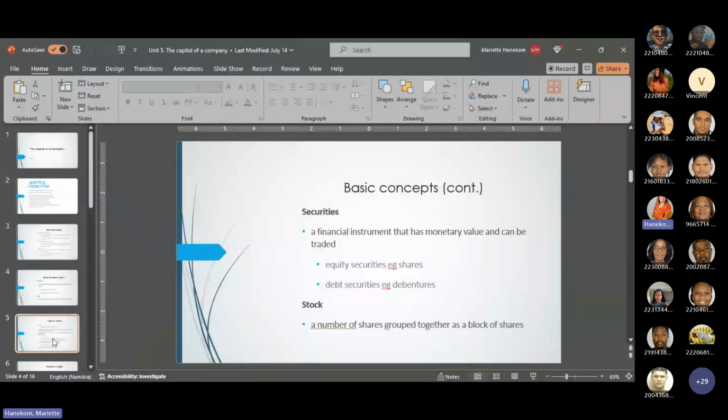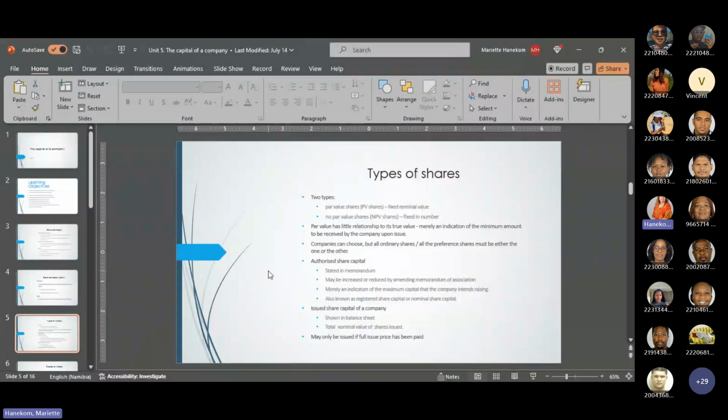So, types of shares. First of all, we get two types of shares. You get par value shares, and then you get no par value shares, abbreviated as PV shares and NPV shares. These are the two types of shares that you get.